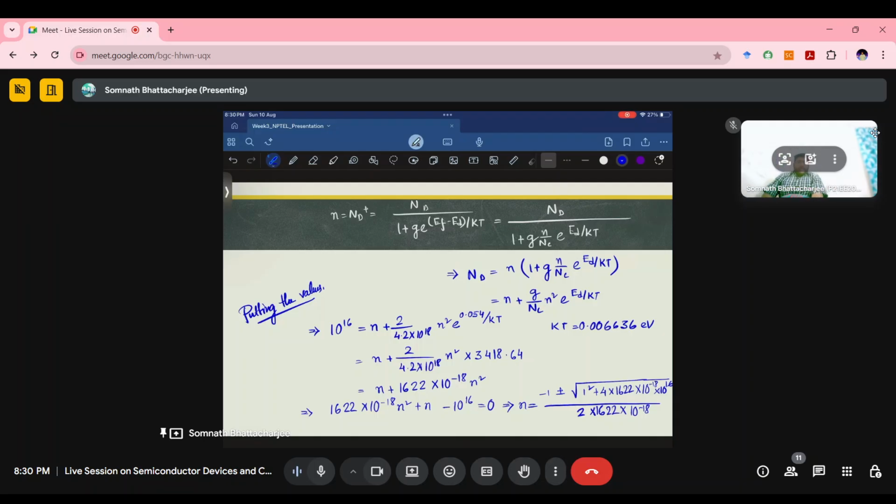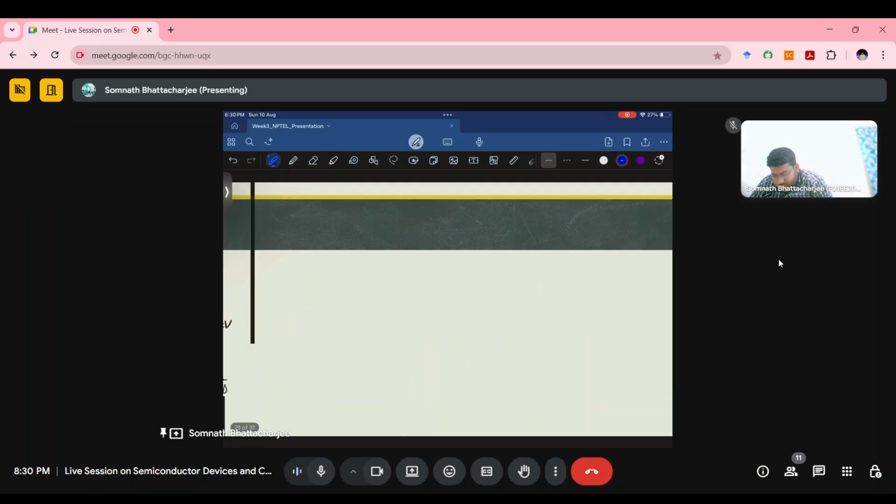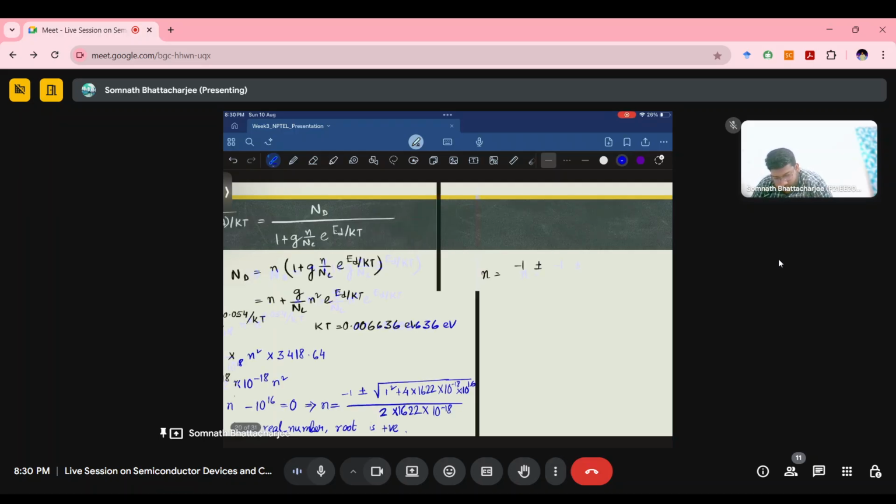Carrier concentration is a real number, so we just need the positive root. Let's calculate this.